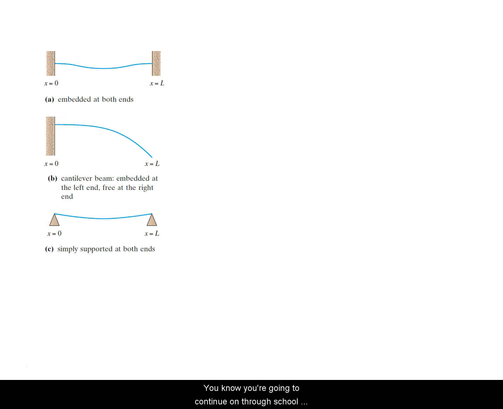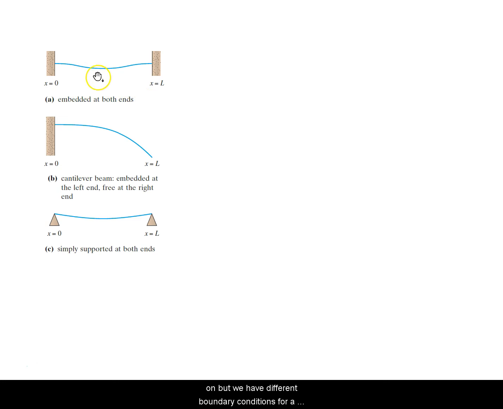You're going to continue on through school, and you'll figure out sooner or later that you have to read the textbooks. That's why they're there, right? So I suggest you go back and read. I'm really just summarizing what the book is doing. So you should definitely go back through and read through that one more time, just to get a little bit deeper understanding of what's going on.